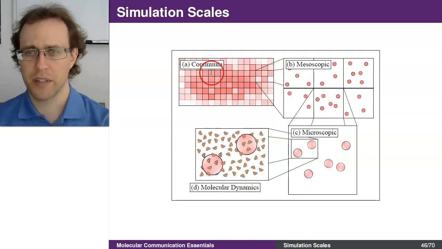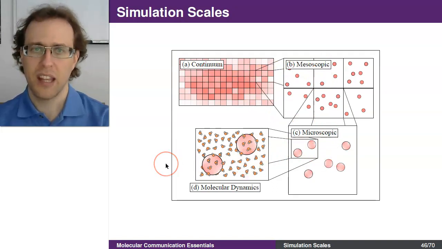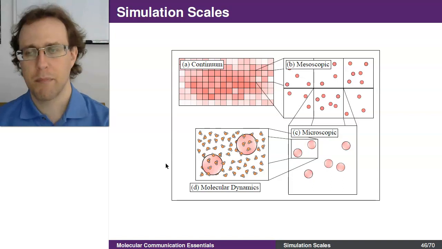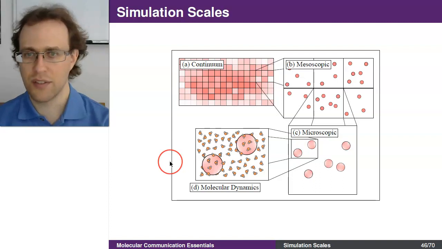So here we have our four names: continuum, mesoscopic, microscopic, molecular dynamics. And this categorization is enough to categorize most, if not all, main simulation tools that are available for molecular communication systems.